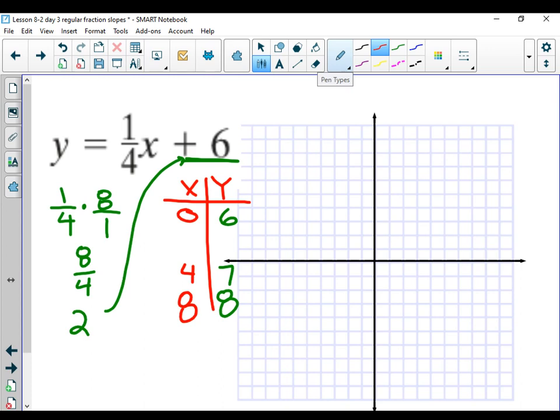Walk 0, climb 6. We're going uphill this time?